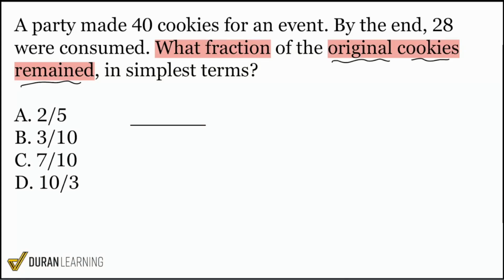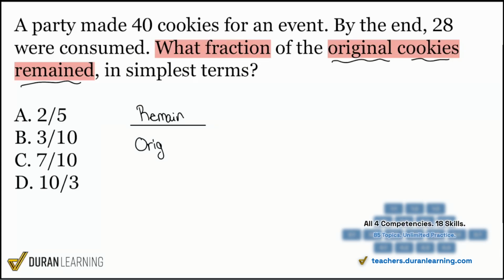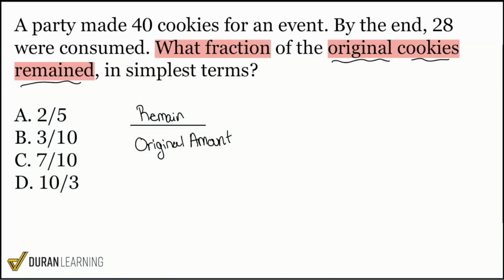So here's how I'm going to write this. We are going to write it as the amount that remain out of the original amount. Just like that. We're going to go ahead again and write down what remains over the original amount.